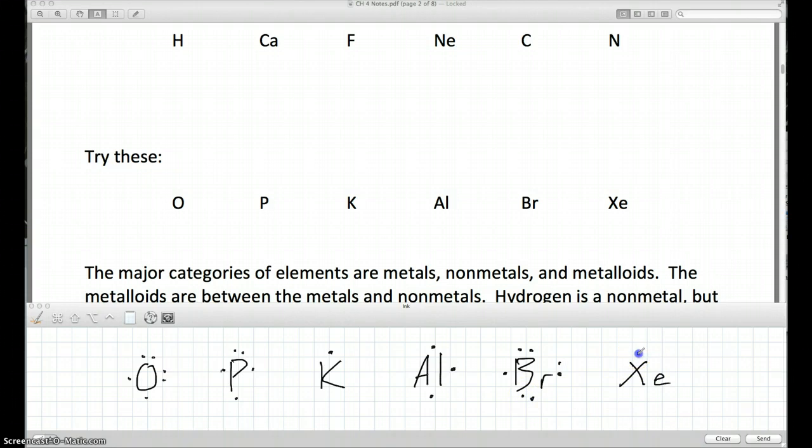Xe will have 8. And since I know they'll have 8, I can just fill them in pairs. Remember to orientate them correctly. And there we go. Hopefully got those right.